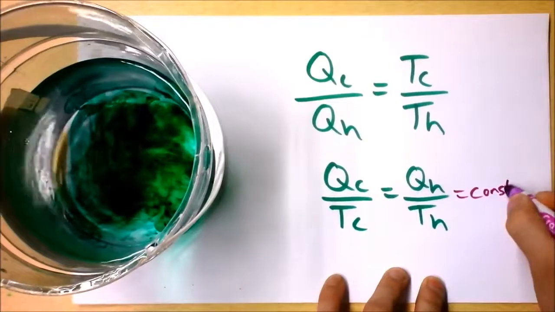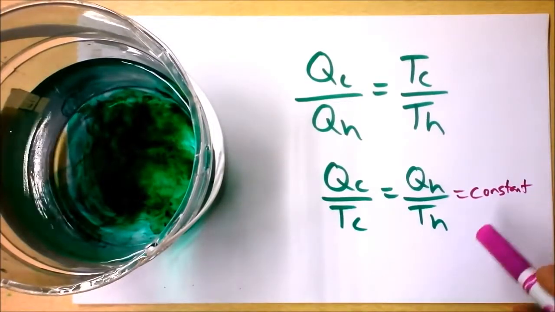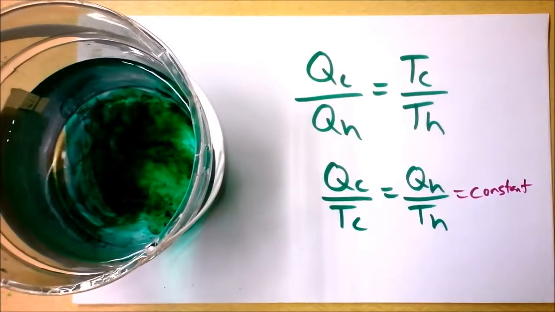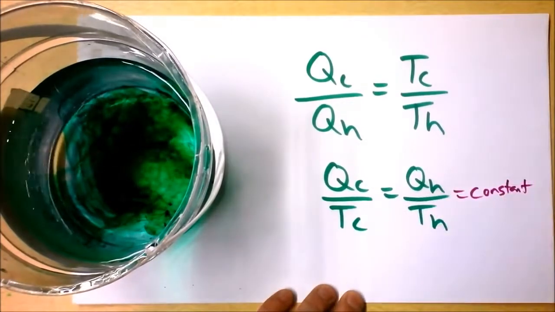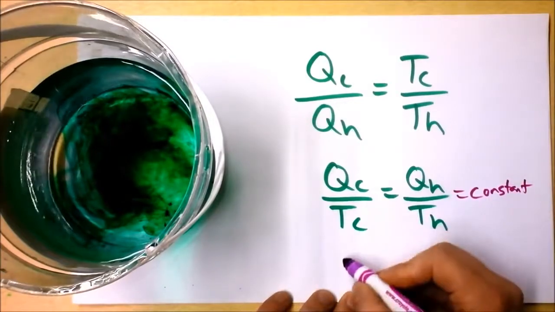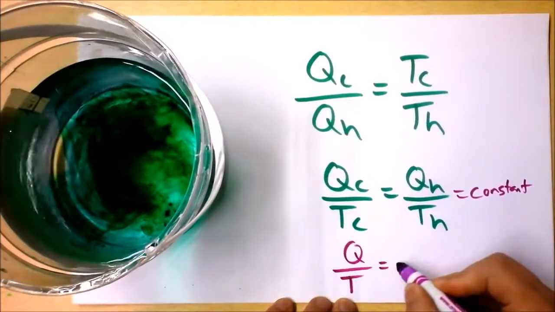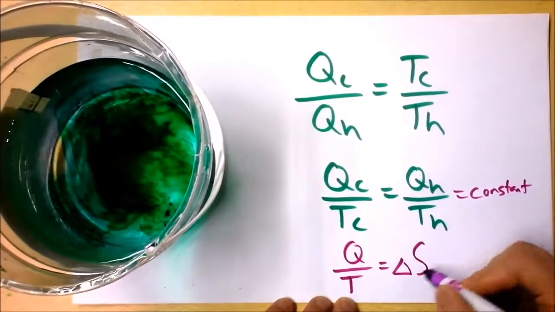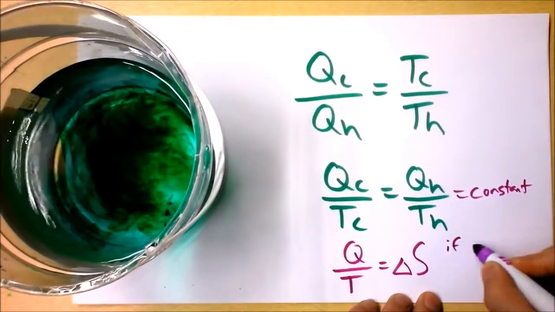This must be some constant, and it would apply for any reservoir at any temperature. Let's define this interesting constant to be entropy. We're going to say that Q divided by T is a change in entropy if there's a reversible process.